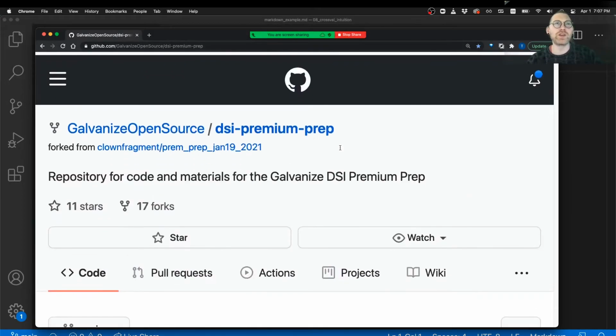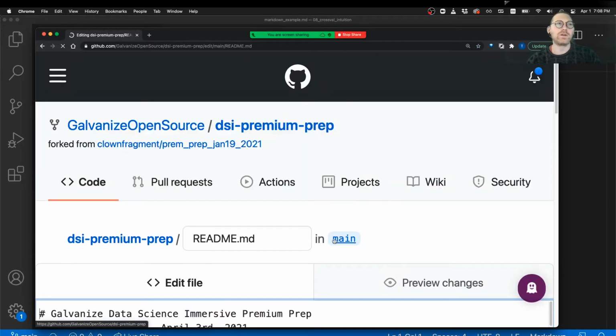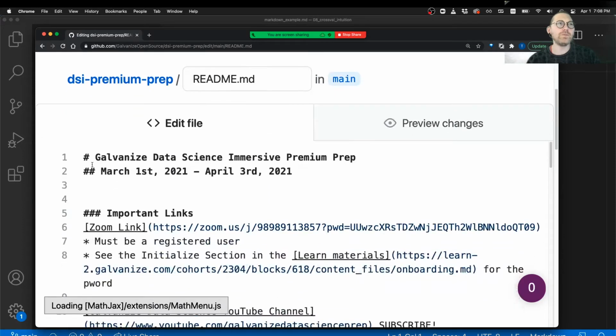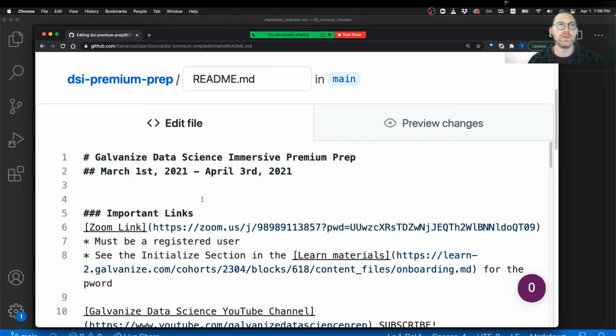If I click on Edit right here, we can see that this is also a fairly readable format. Even when it's in plain text, even when it's not being rendered as Markdown, it's fairly readable. And that's part of the goal of Markdown.